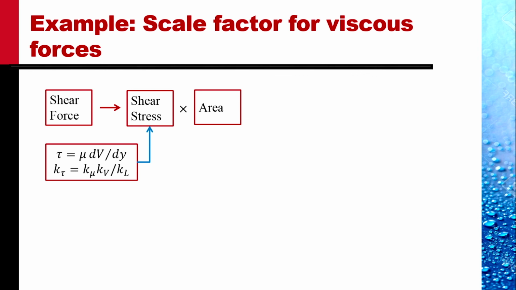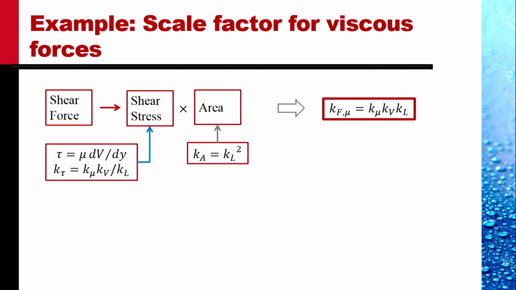So the scale factor for shear stresses would be the scale factor for viscosity times the scale factor of velocity divided by the scale factor for length. The scale factor for area is easily written as Ka is equal to KL square. So, the scale factor for the shear force, which we denote by Kf, mu, is nothing but K mu, Kv, Kl.